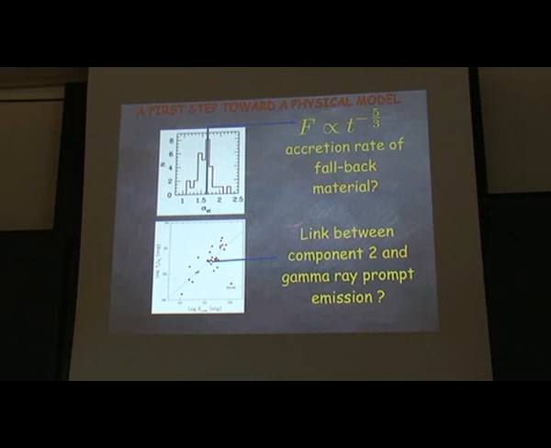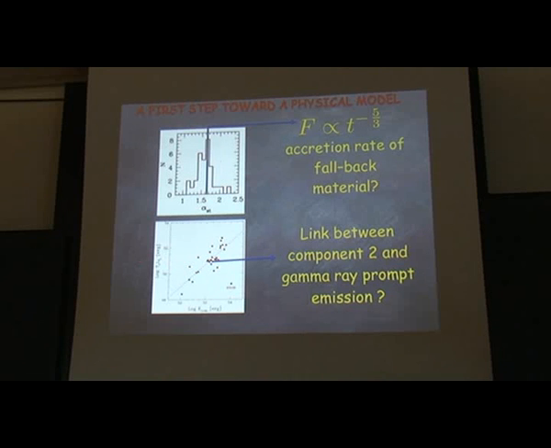An important thing is related to the late time temporal decay of the component 2 that clusters around this value 1.6, that is pretty close to this 5/3 that is related to the accretion rate of the fallback material into the black hole, and it is very close to the value that describes the decreasing rate of the luminosity of the X-ray flares as found by Lazzati et al.